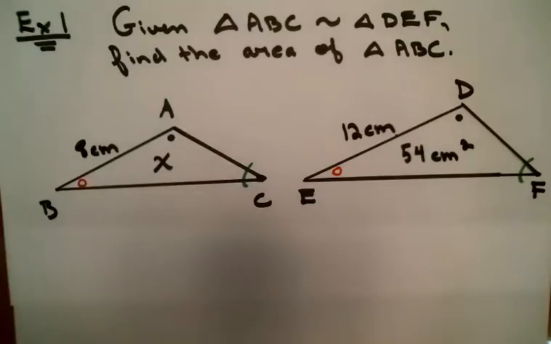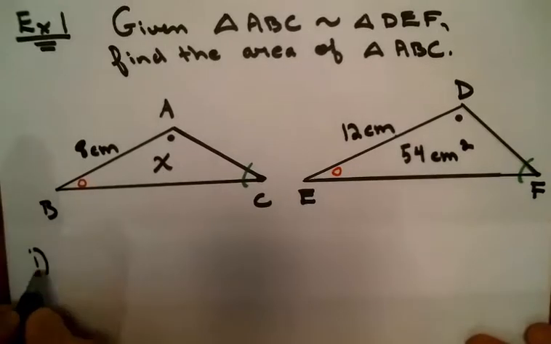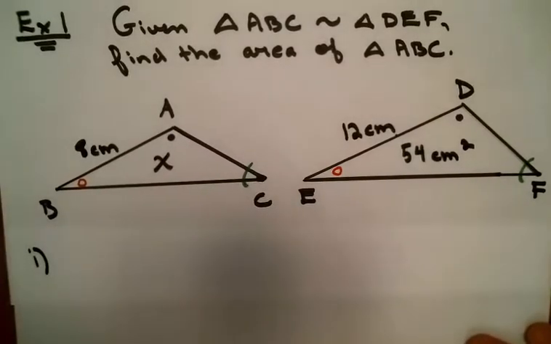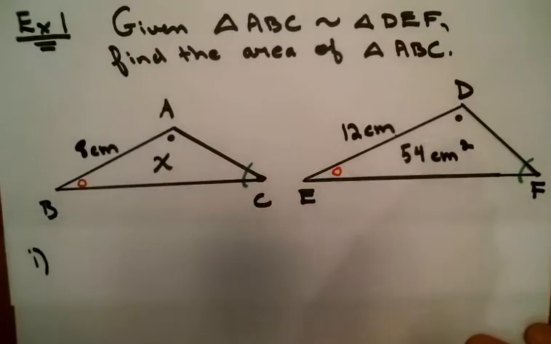So with this setup, here's the steps to find the area of triangle ABC. Again, these are similar triangles, and we're going to use proportions. Okay, so first step is you're going to need to find a known ratio between triangles ABC and DEF. So if I investigate, I can see that AB is corresponding with DE, and we can see that the ratio there is 12/8.